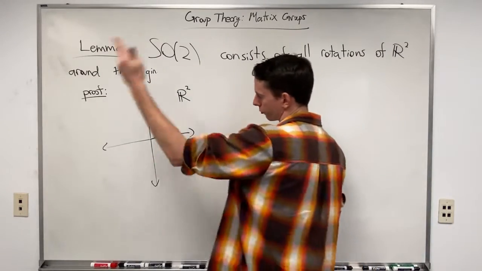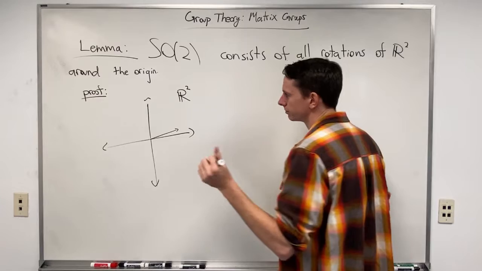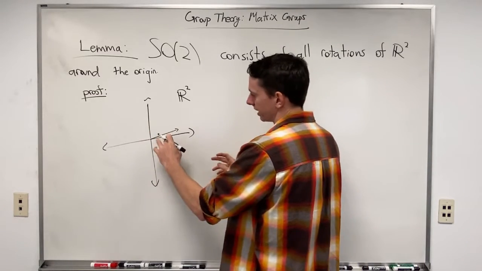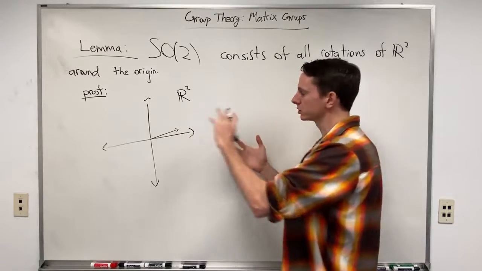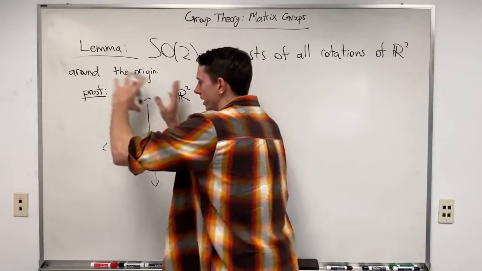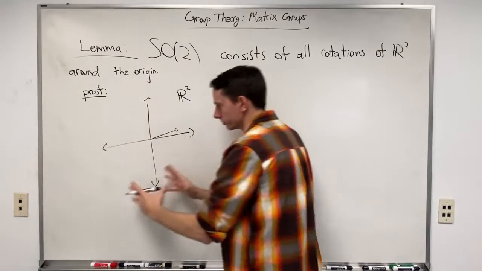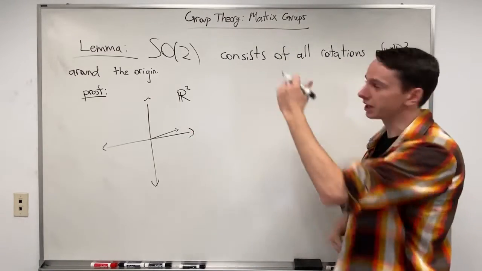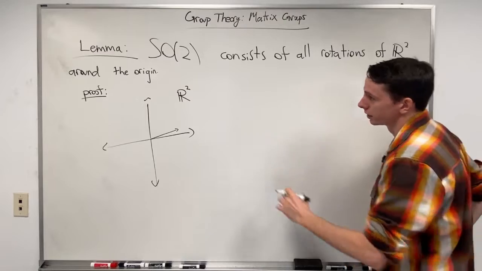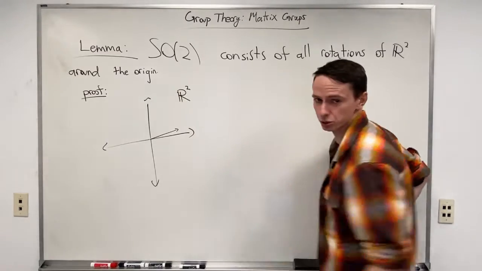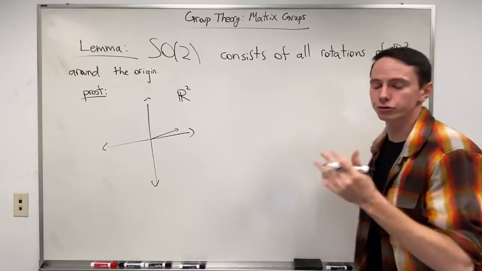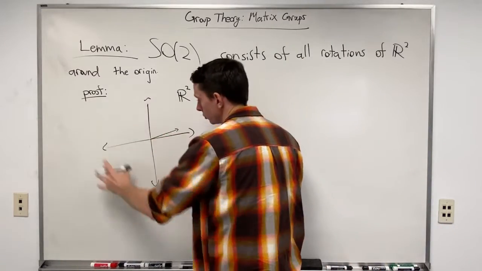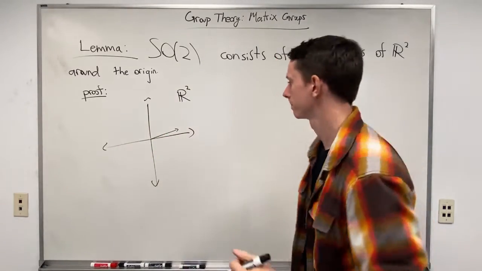And if we were to perform a counterclockwise rotation by theta degrees, then I would be taking not only this arrow, but anything else in this two-dimensional space and rotating it in this general direction by theta degrees. And what this claim is telling us is that the group SO2, the special orthogonal group, is the group that consists of all matrices which represent all possible rotations of this form.